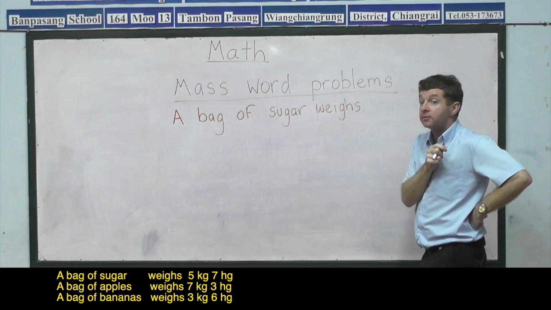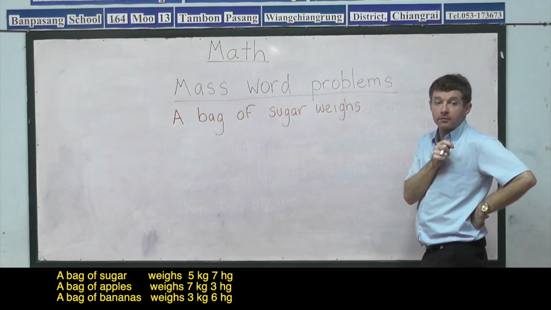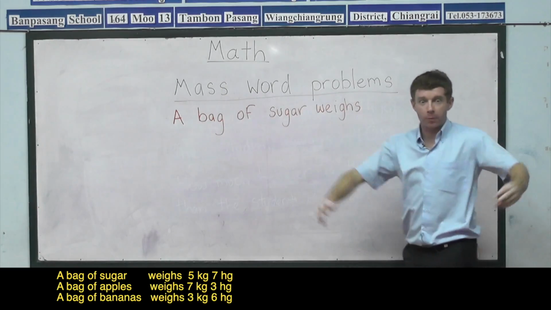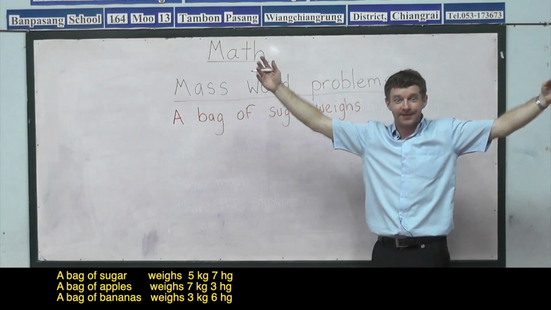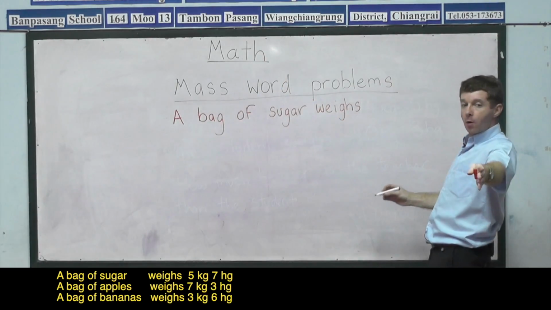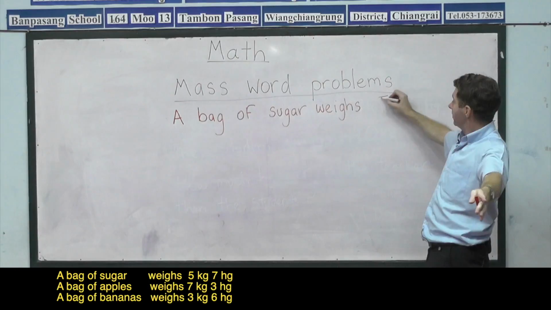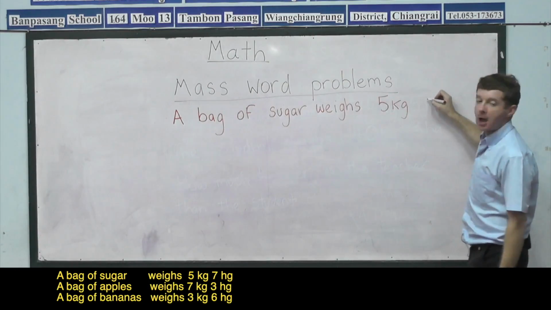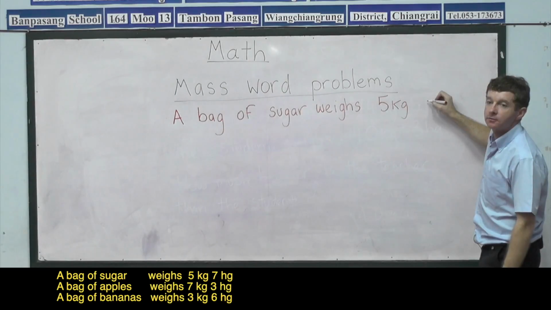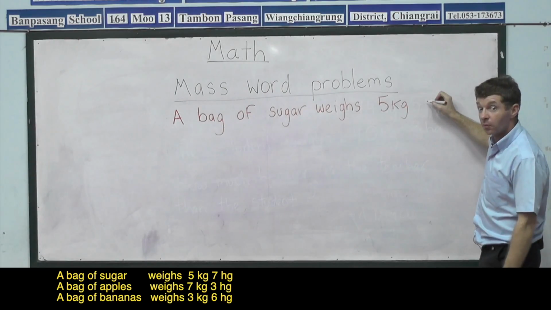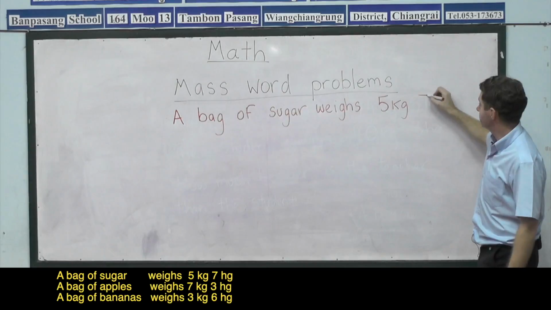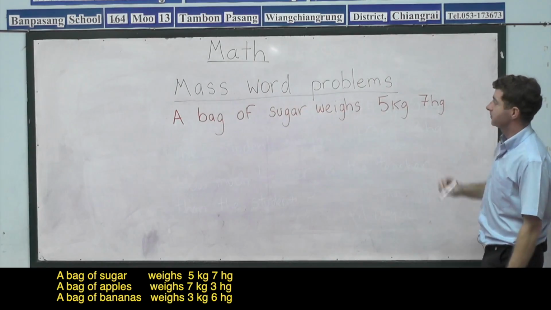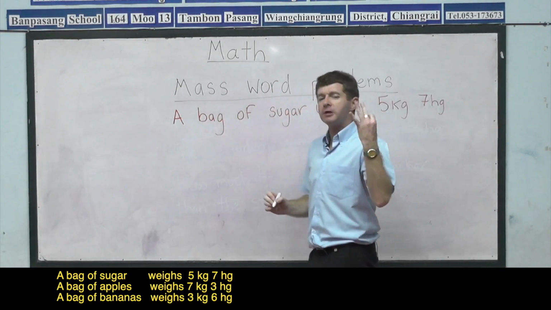That would be a big bag of sugar. How about 5 kilograms? How many hectograms? We'll use 7 this time. 7 hectograms. Okay, we need 3 bags this time.